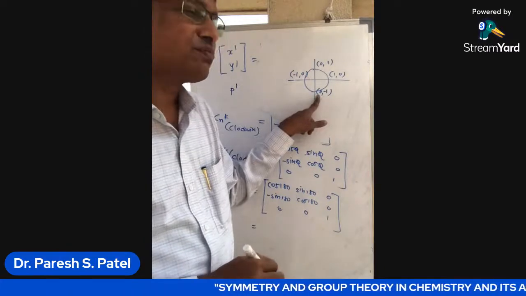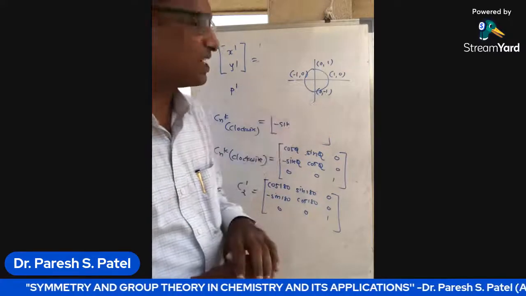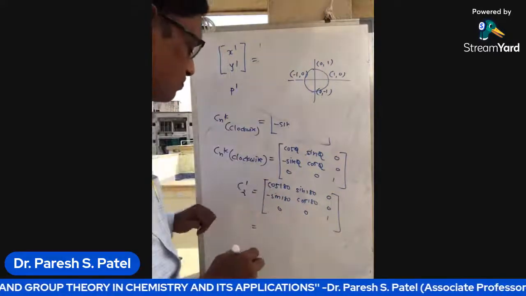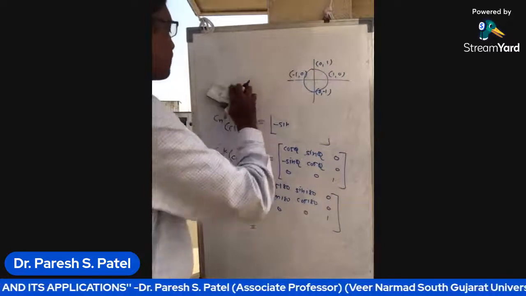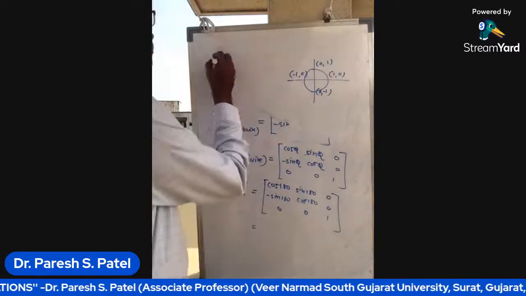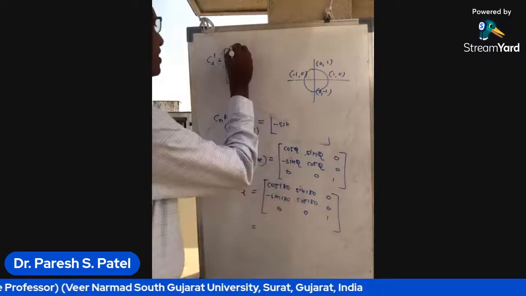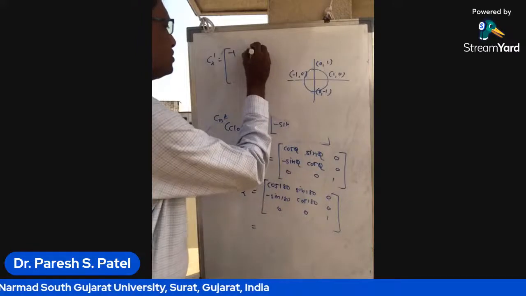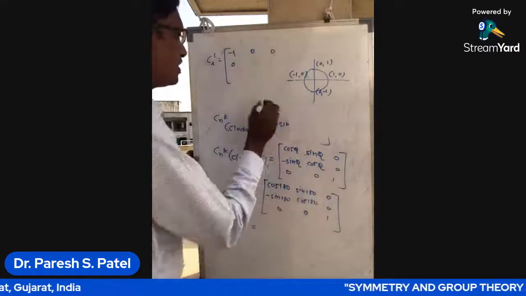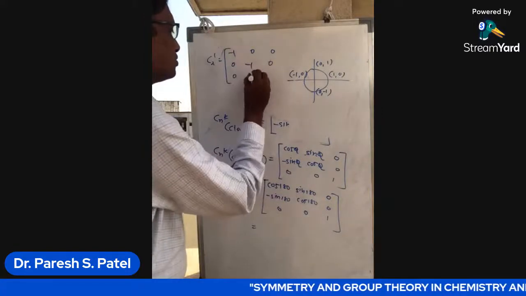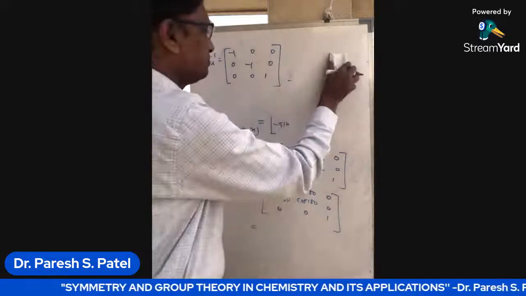So for C2, cos 180 is minus 1, sin 180 is 0, again 0, sin 180 is 0, cos 180 is minus 1, then 0, 0, 1. So this is the matrix representation for clockwise rotation.